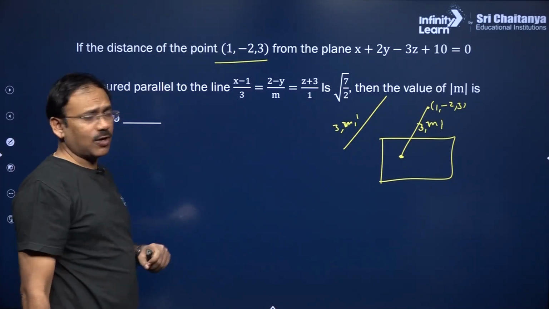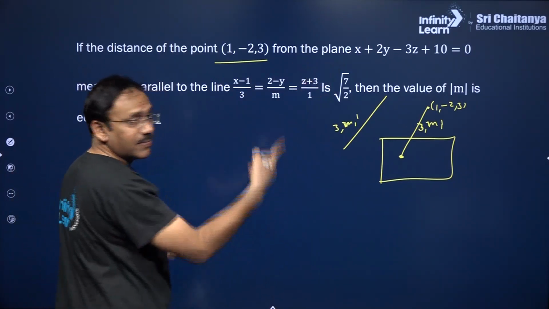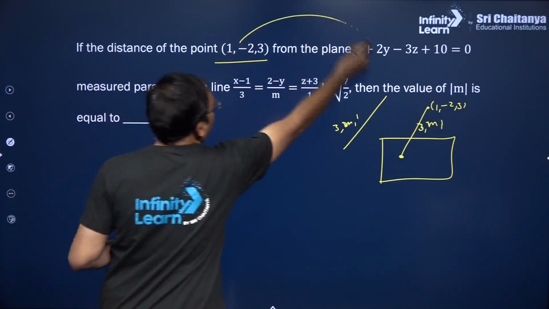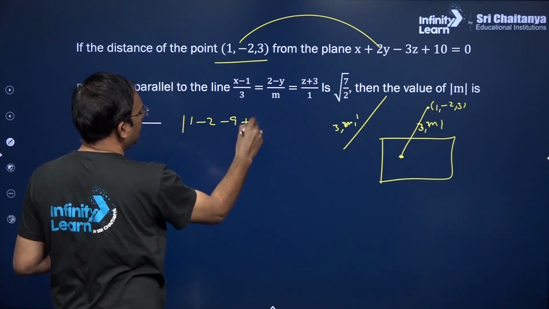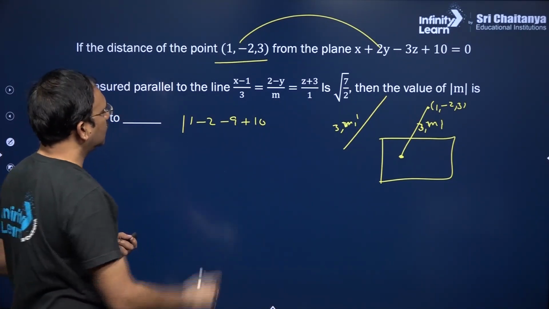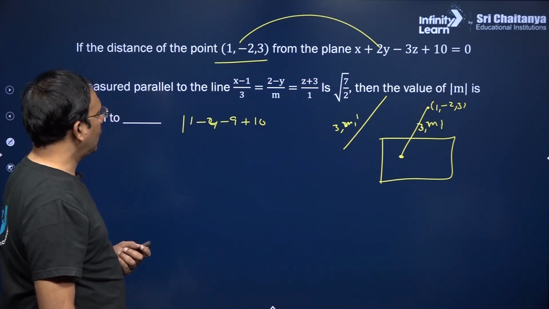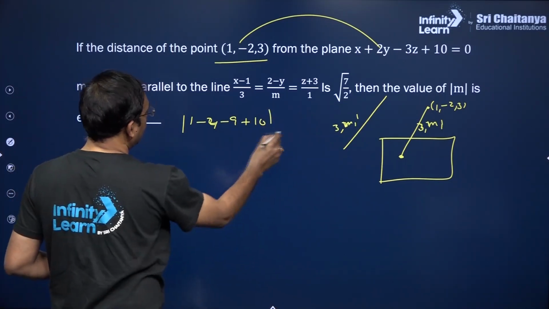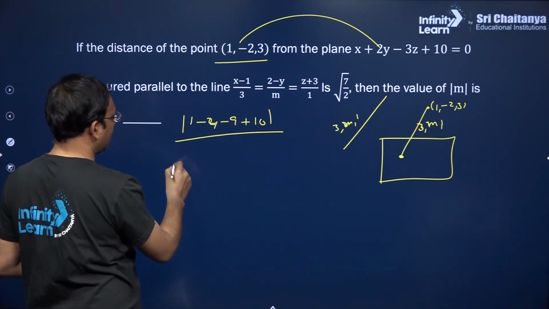Rather, the direct formula is, you see, from this point to the plane measured parallel to some line. So substitute this point in this particular plane: 1, minus 2, minus 9, plus 10, which is, you see, 1. This is going to be minus 4, in fact, my dear friends, minus 4, minus 9, plus 10, by, you see, we just write root of a square plus b square plus c square, right?